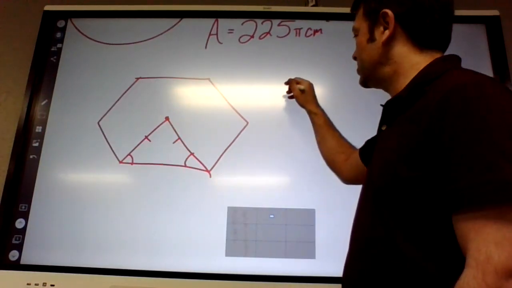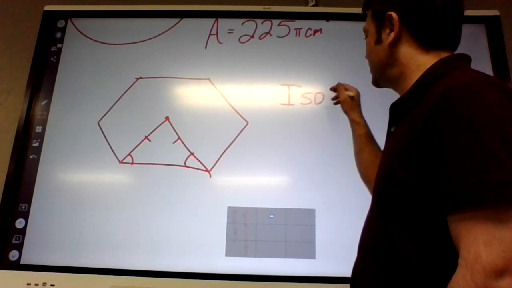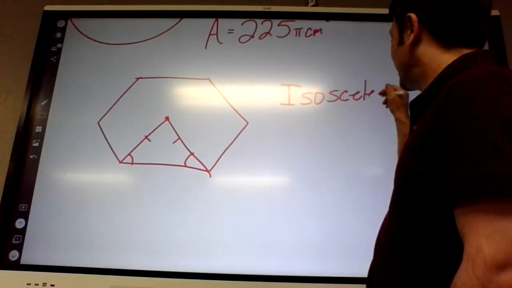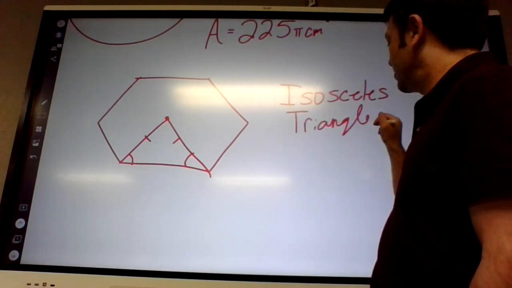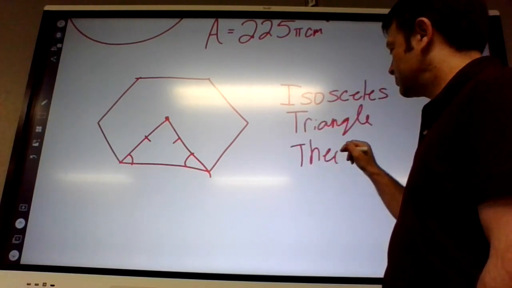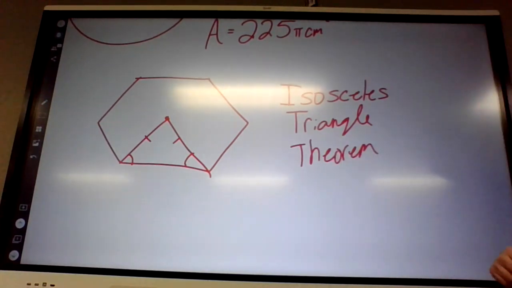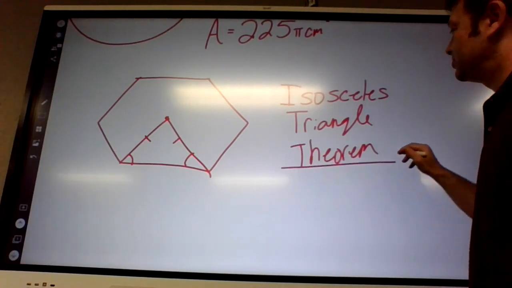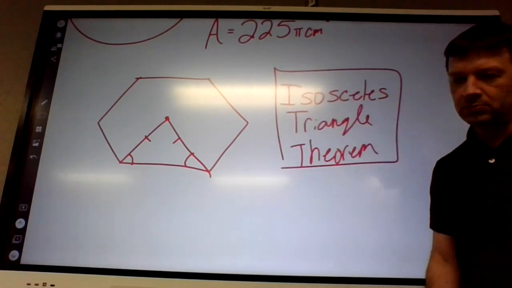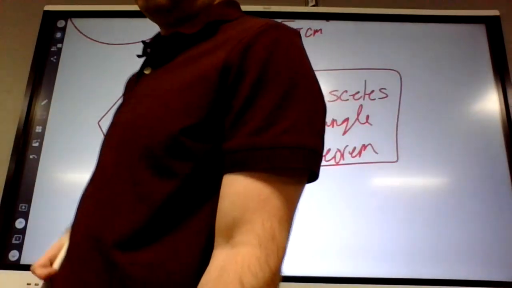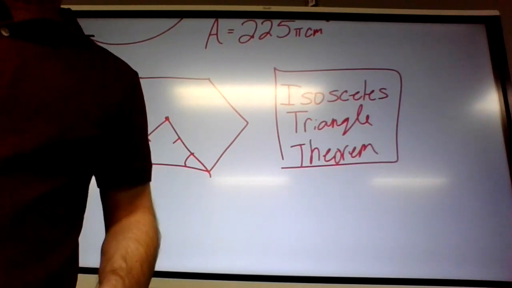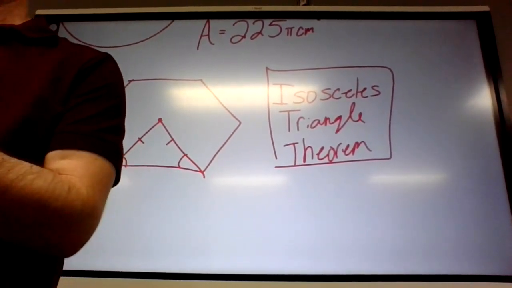It's called the isosceles triangle theorem. If two sides of a triangle are congruent, their base angles are congruent. Anyway, that's the answer. Isosceles triangle theorem.